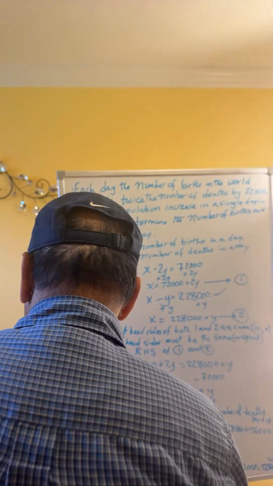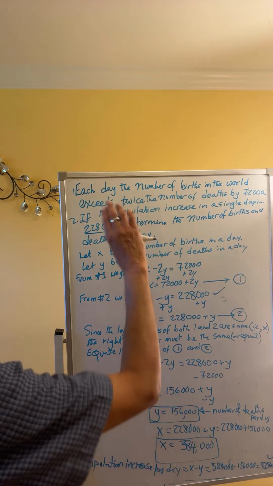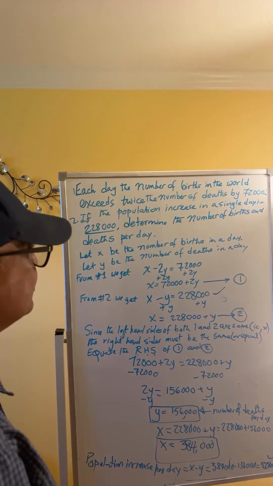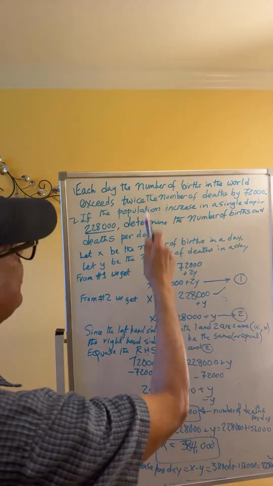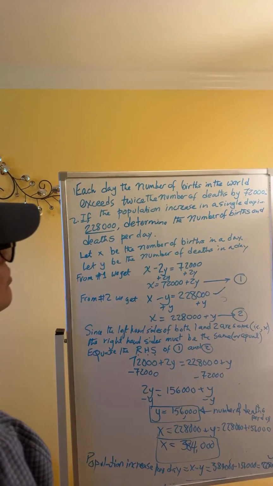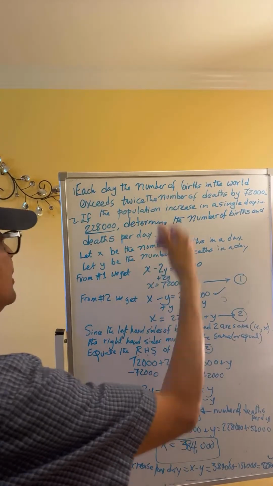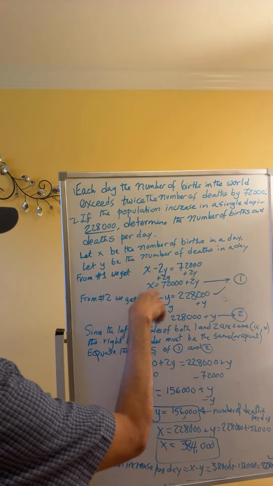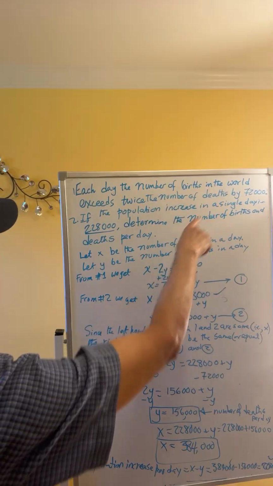So again, summarizing, what I did was to convert the English expression into an algebraic expression. Every day the number of births in the world exceeds twice the number of deaths by 72,000.